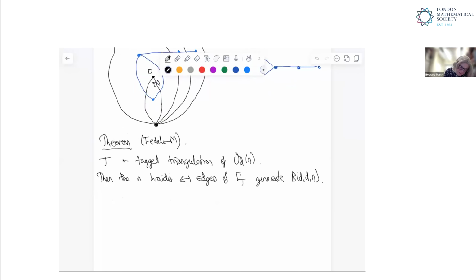And we also have an explicit presentation of BDDN on these generators. And this coincides with the existing one of Broué-Malle-Rouquier.